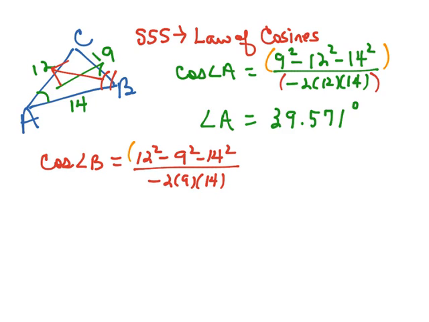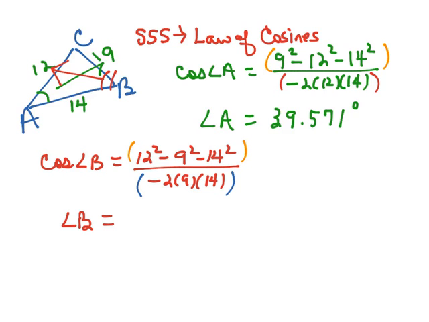And again, my parentheses are going to be very important. I want to make sure I have a parentheses around the whole numerator and parentheses around the whole denominator to actually find what angle B is. I'm going to use the inverse cosine function on my calculator.